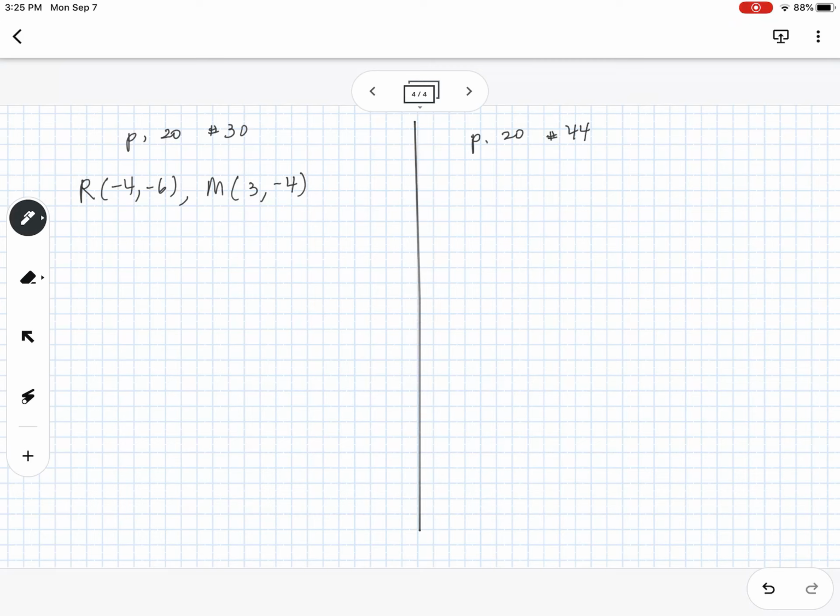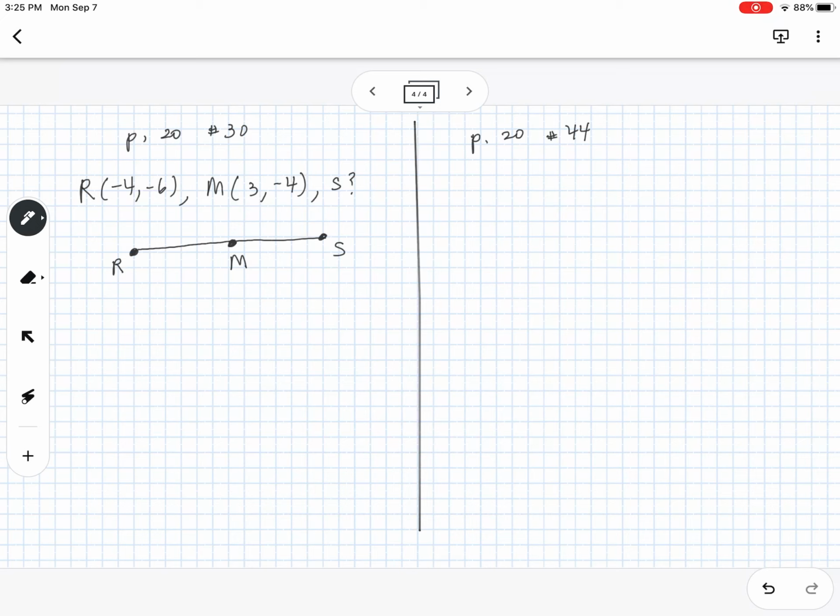the other endpoint s. So what this is telling you is that, for example, if you have a point r and then if you have a point s, there's a middle point here called m, and they want you to use what's given to us here to find the third coordinate. And so in this case, we're trying to figure out what is s.